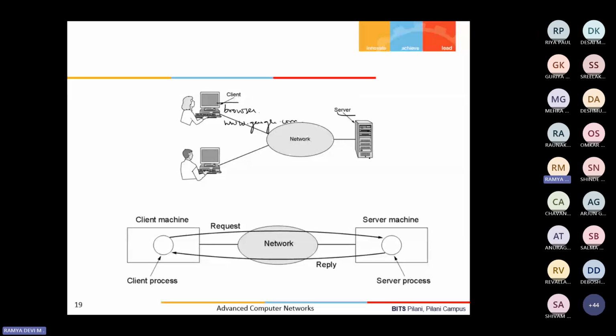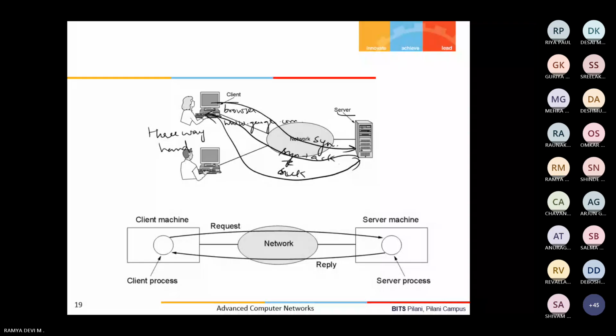For that, SYN-ACK will be transmitted by the server. Then again, the acknowledgement for this SYN will be transmitted by the client. This is called three-way handshaking. Once the three-way handshaking is done, the data communication is initiated.